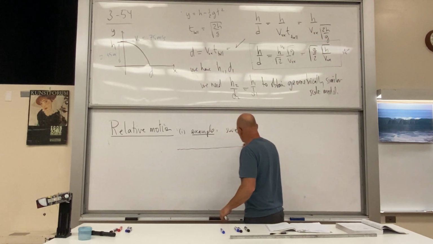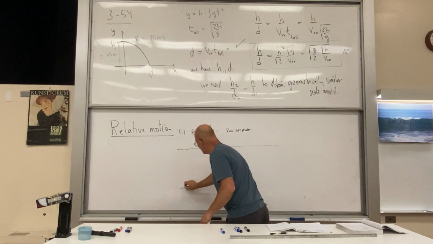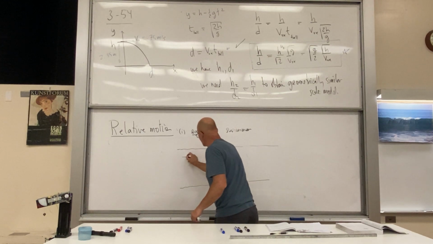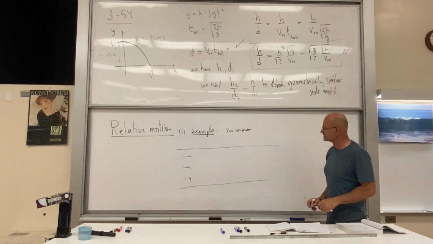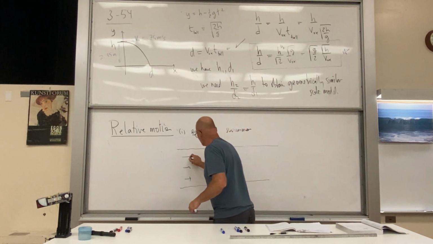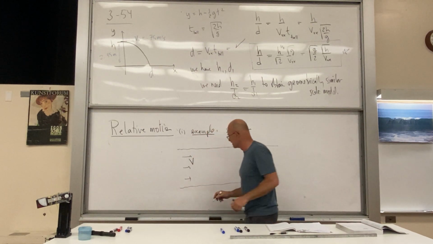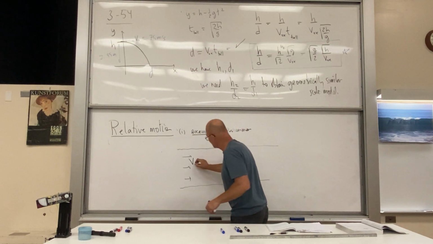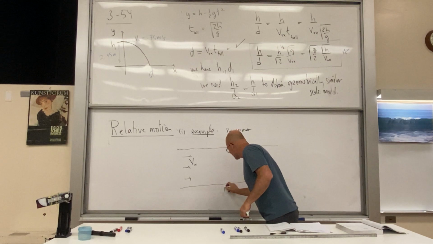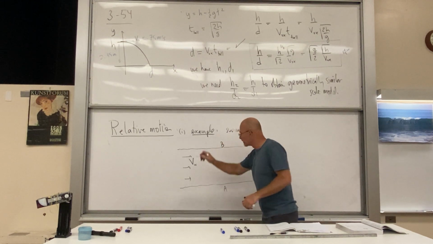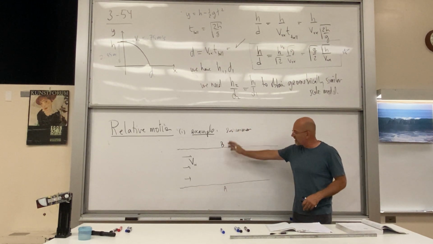So here's a stream with water flowing to the right at a certain speed, V of the water, so W. And suppose the swimmer starts at A and wants to make it across to point B directly across, right?